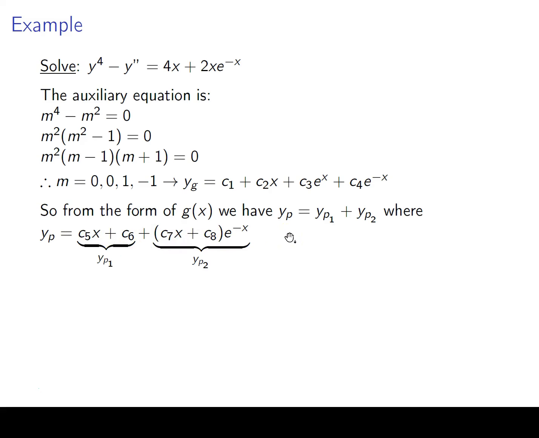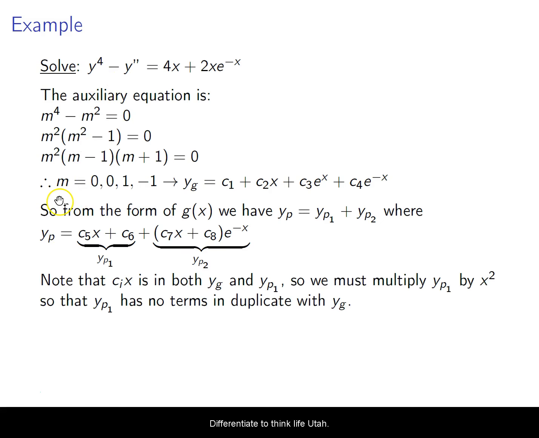Okay. So if I now want to substitute this into my equation, I have to go to the fourth order, right, to the fourth power. I have to take the fourth differential here, right? So I'm going to differentiate this thing quite a few times. So note that the constant and x terms are in both y g and y p1.